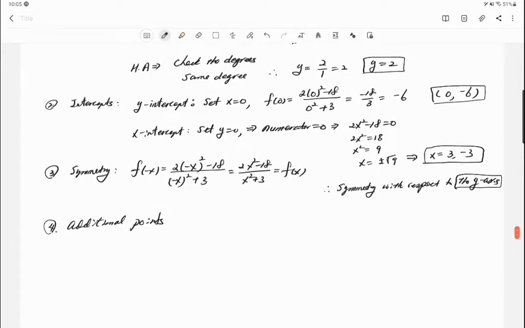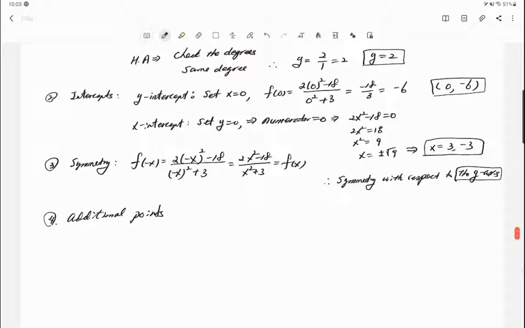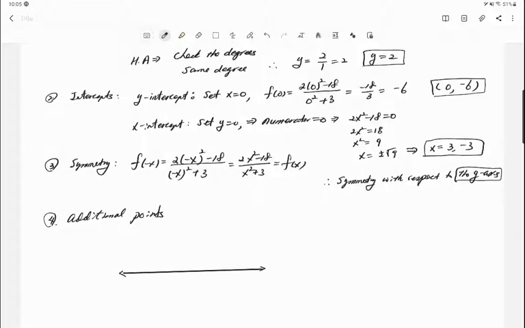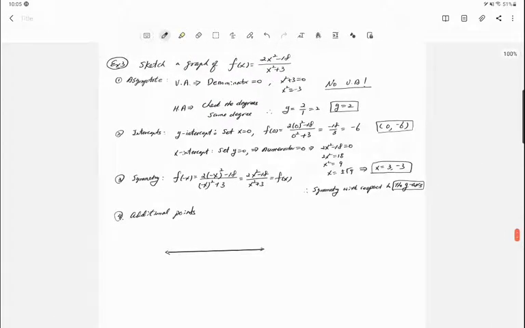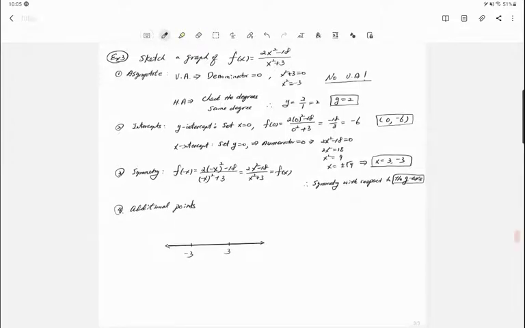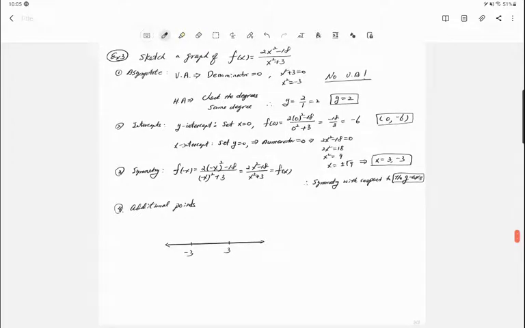In this case, let's draw all the vertical asymptotes and the x-intercepts. There's no vertical asymptote, so that's okay. And the x-intercepts are x equals 3 and negative 3, right?